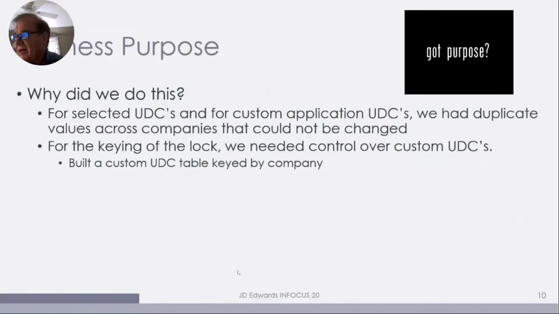Why we did this? Because for selected UDCs for the custom application, we had to have duplicate values across companies that could not be changed. In high security locking systems across companies, it was required that we use the same code, but define it differently, such as a stamping code that had a defined code, but the definition, which may have been used to integrate with a third-party stamping system, had to be different, or the characterization of that stamp had to be different, but the code had to be the same.